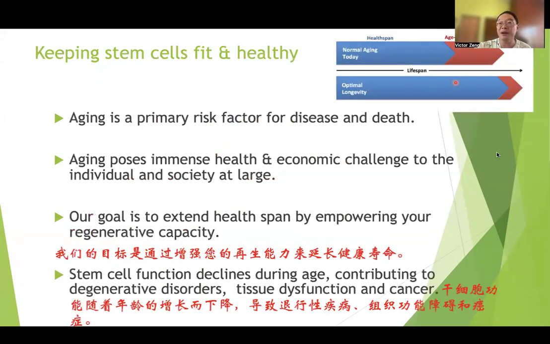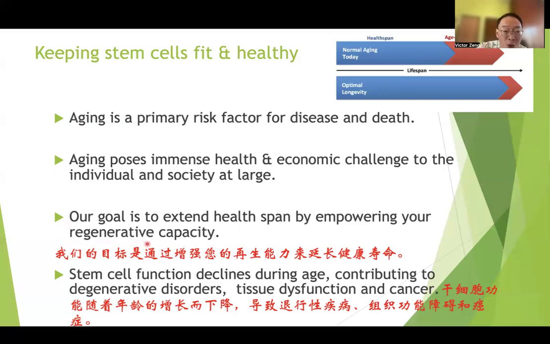So in summary, we have to keep our stem cells healthy and fit. Aging is a primary risk factor for disease and death. Aging poses immense health and economic challenges to the individual and society at large. Our goal is to extend health span by empowering our regenerative capacity.